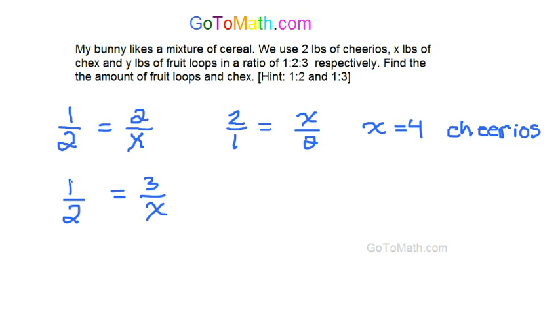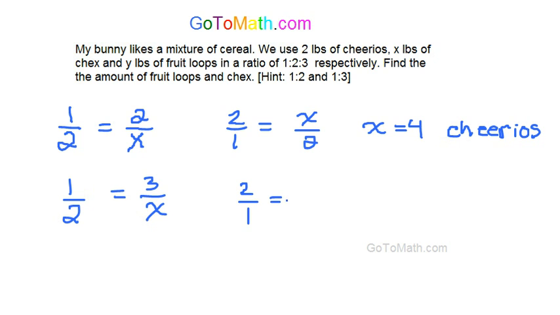Alright, so we have a 1 over 2, that's this 2 here, and then of course right here this is going to be 3 over however many pounds that we got going on here. So then we just solve for x once again. Okay, and we're going to flip that around.